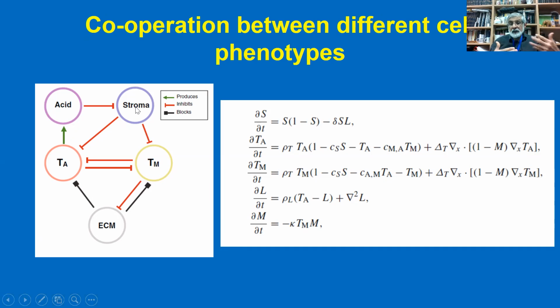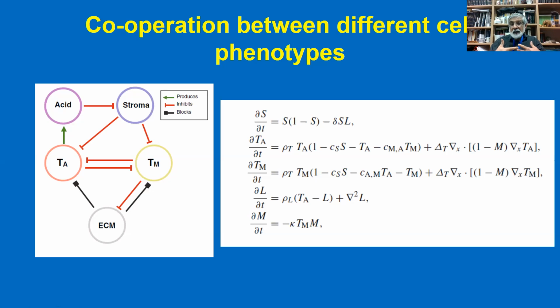So there's two barriers there. Matrix, a barrier to movement. Stroma, a barrier to proliferation. So there again, if you think of the classic Fisher-KPP model, you need movement and you need proliferation. This is stopping the movement. This is stopping the proliferation.